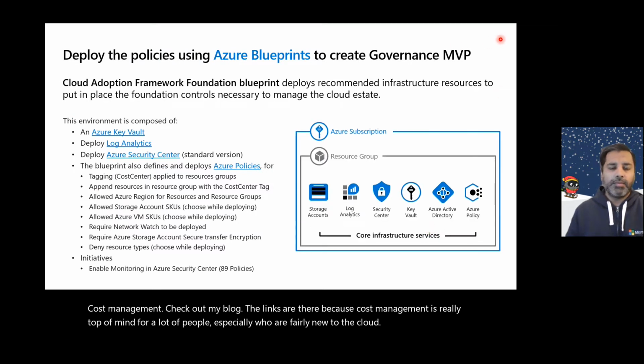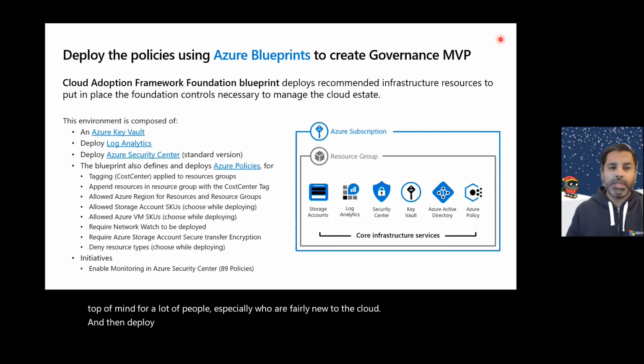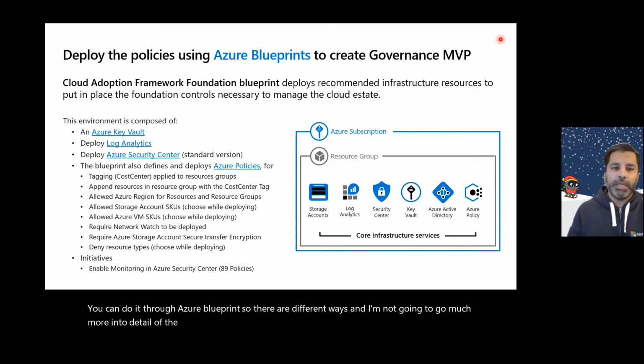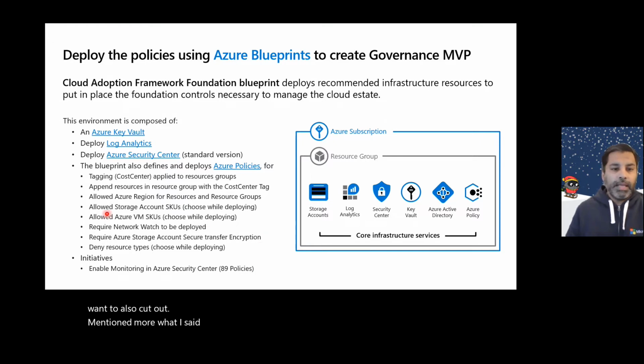And then deploy the policies. There are multiple ways of deploying policies. You can do it through Azure Policy, or you can do it through Azure Blueprints. I'm not going to go into much more detail on the process, because each company is going to have a different process. But I also want to mention what I said before: allow Azure regions for resources and resource growth.